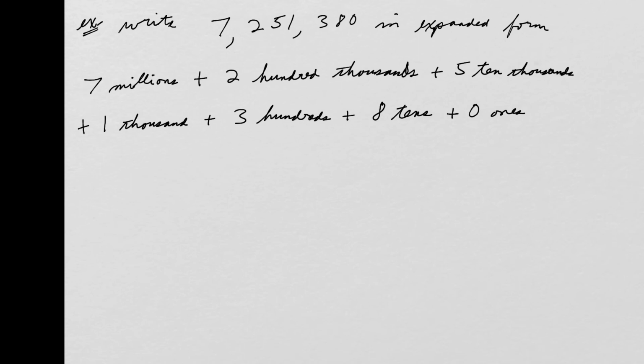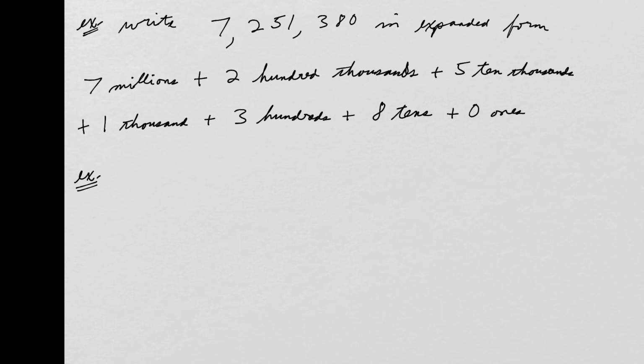And of course, we could always go the other way, right? So if I have, let's say I give you a number in expanded form, and I want to write it in standard form.